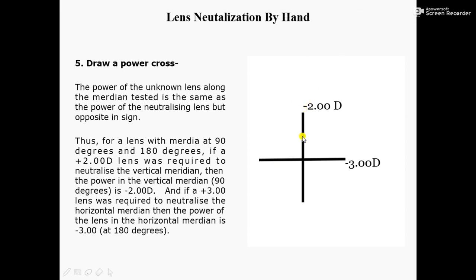This is 90 degrees. Here minus 2 diopter spherical power is there. So this meridian we will neutralize by plus 2 diopter.